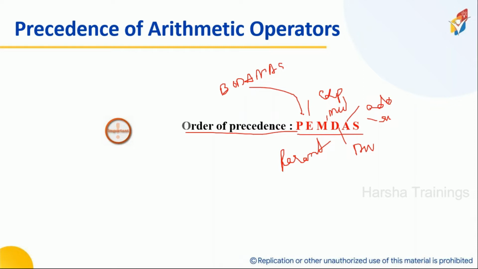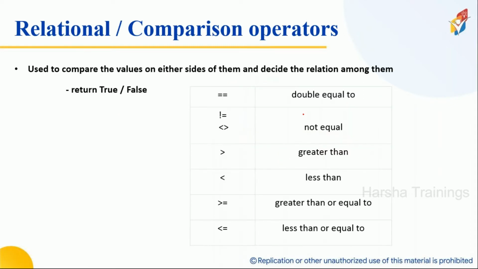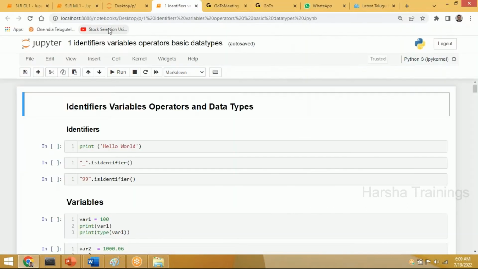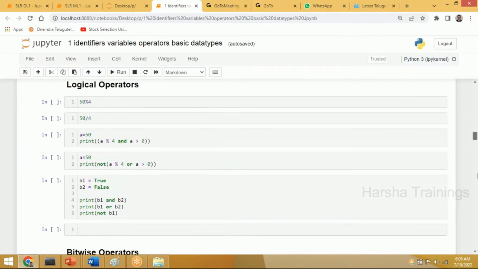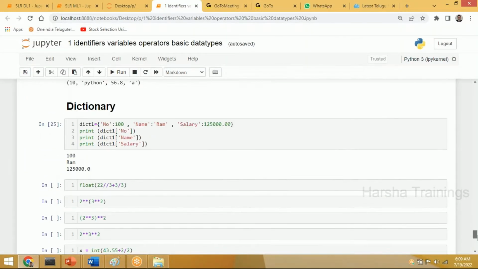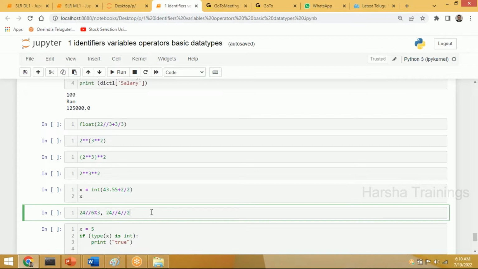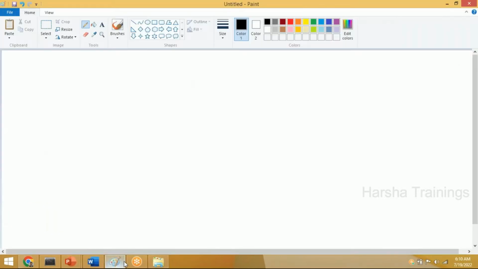Now, let us do one example that will give us clarity about the concept. I'll ask some questions. Let us keep these examples in Paintbrush and explain.